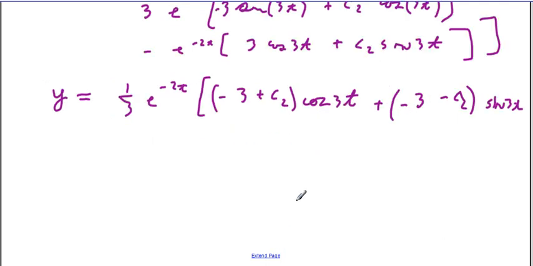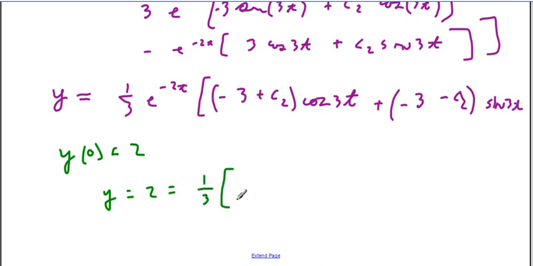Okay, I'm going to apply an initial condition. y at 0 is 2. So if y at 0 is 2, then 2 is equal to 1/3 times the quantity minus 3 plus c2.